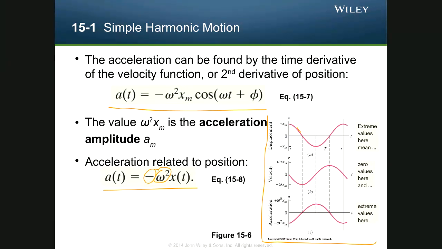Even though it's sort of an inverted function, right? If the displacement starts at plus x, as given here with this nice simple cosine function, the acceleration will start at minus omega squared xm, right? It'll start on the bottom.